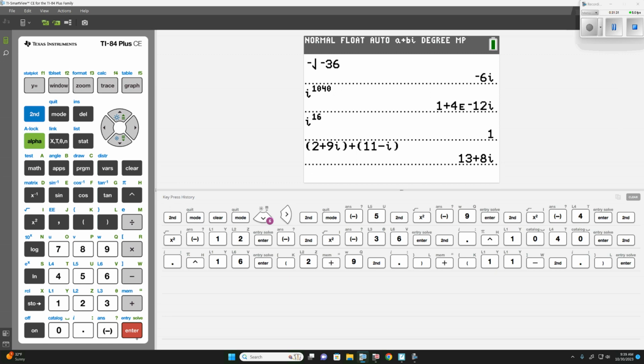Now it seems odd that the calculator will do these, but it won't do the others. It won't do any other expression simplifying because, as I've said before, the variable has to have a value, yes? i actually does have a value. Its value is the square root of negative 1. It's not going to leave it as the square root of negative 1, and it can combine it. So we get this here.